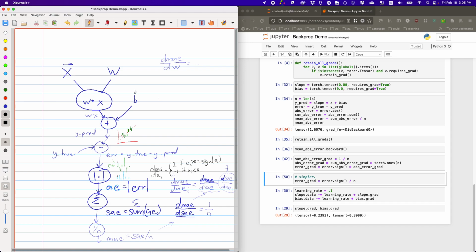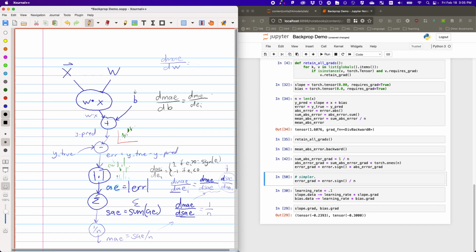So we want how sensitive the mean absolute error is to a change in the bias, and we'll use the chain rule down here just like before, except we know what the sensitivity is with respect to the errors. So we know the mean absolute error sensitivity with respect to any one of the errors.